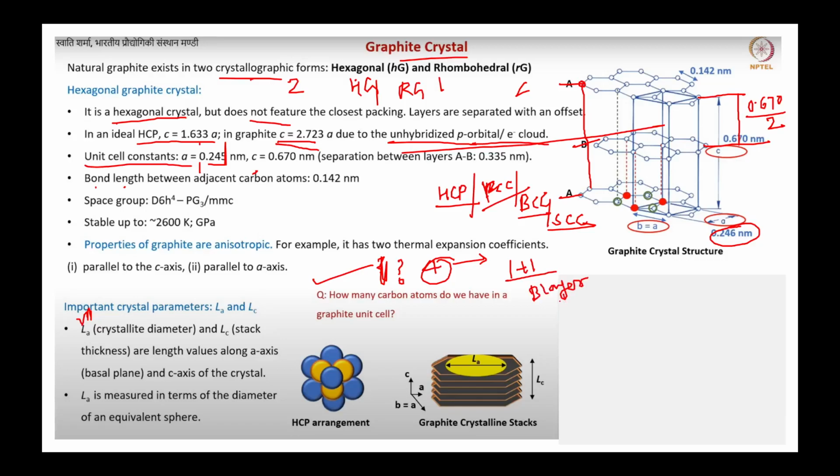It comes from the counting of the contribution of atoms present in the basal plane and the contribution from the body centered atom.